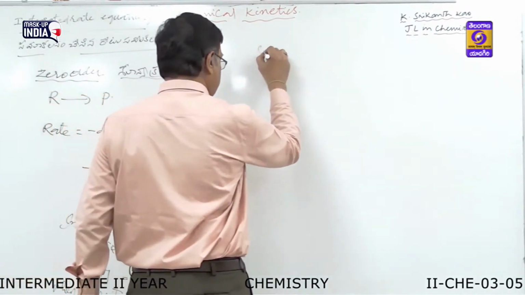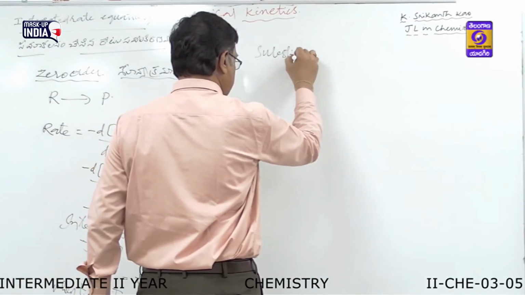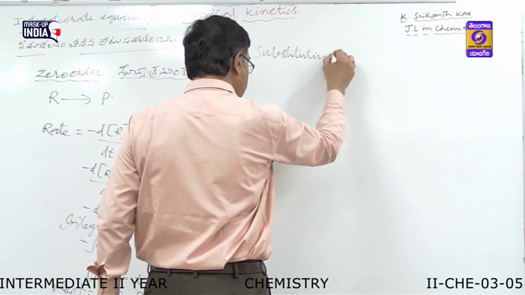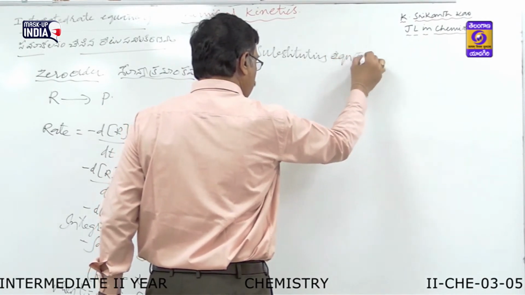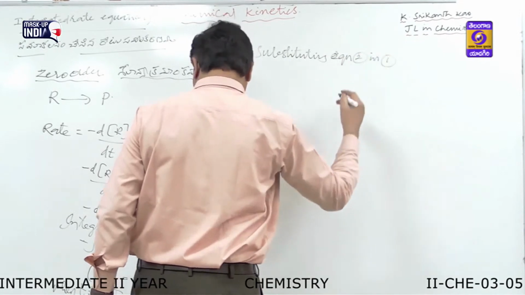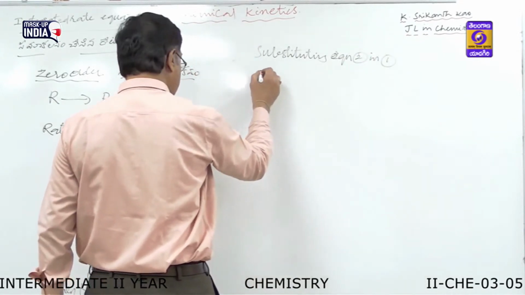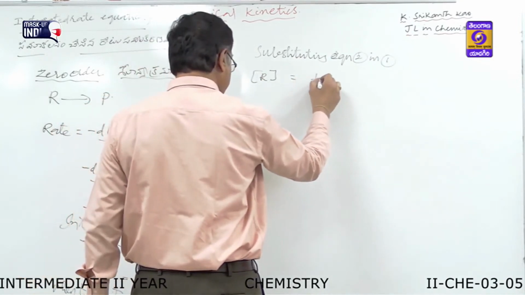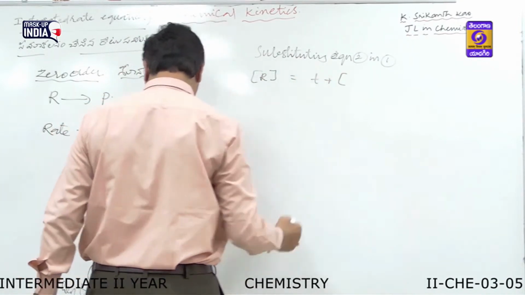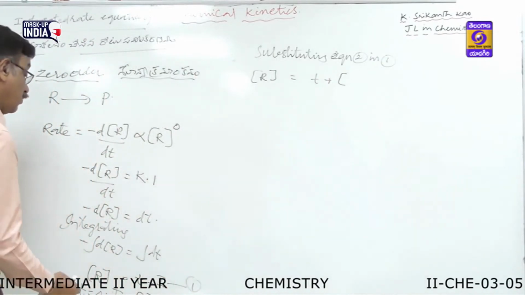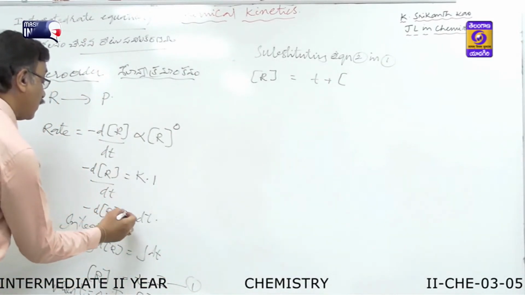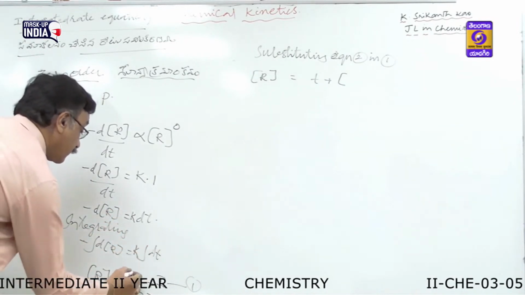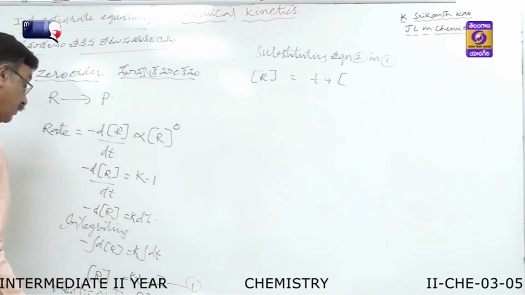Substituting equation 2 in 1, right? So minus R equal to kt plus I. proportionality constant వస్తుంది ఇక్కడ k అట్లాగే ఉంటుంది kt, right?